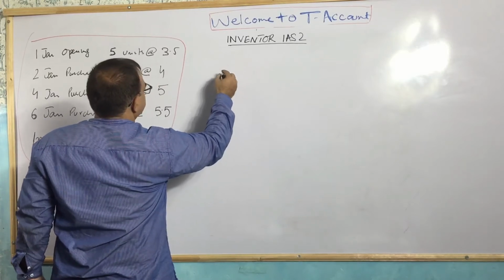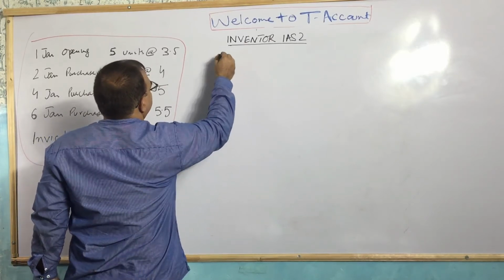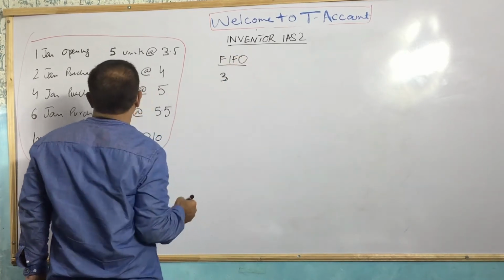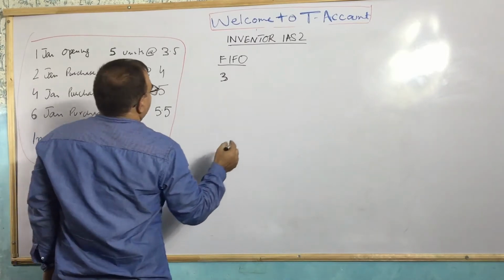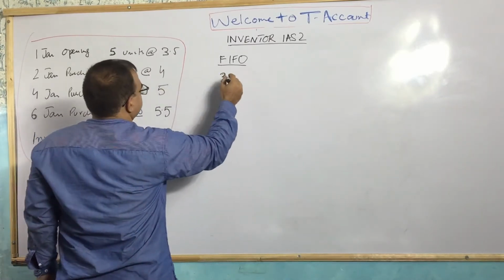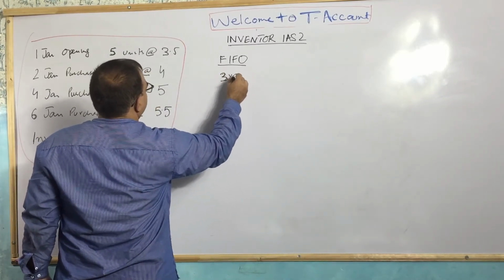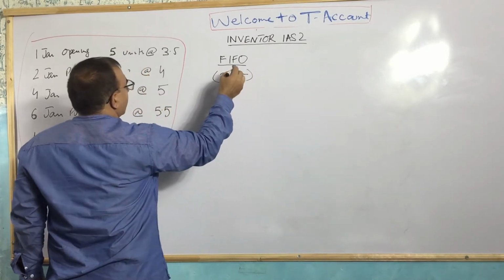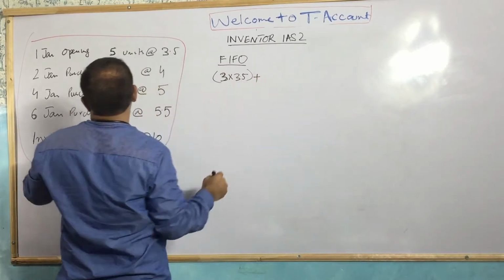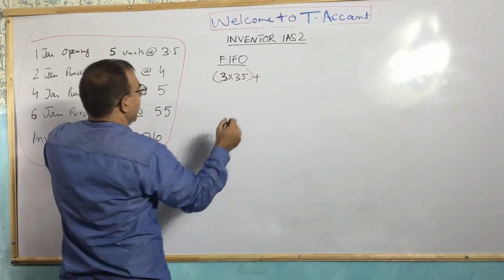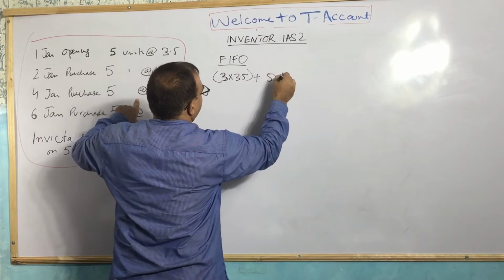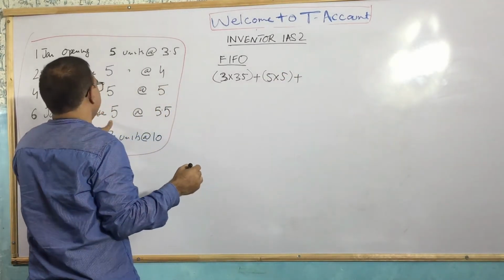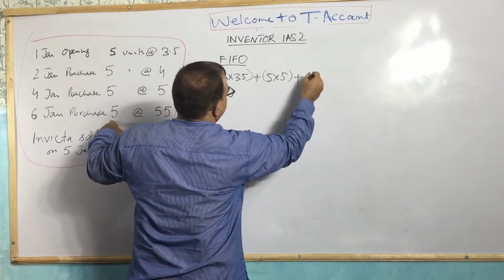Using FIFO, first in first out, we have 3 units at $4, plus we have 5 units at $5, and then 5 units at $5.5.